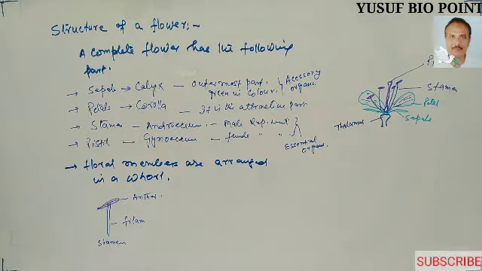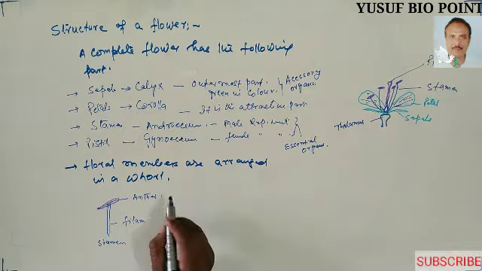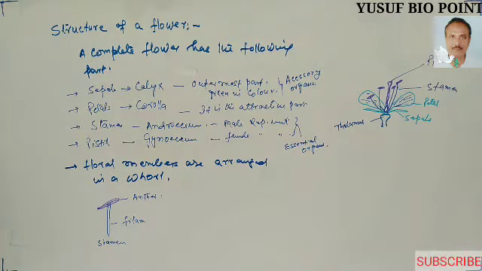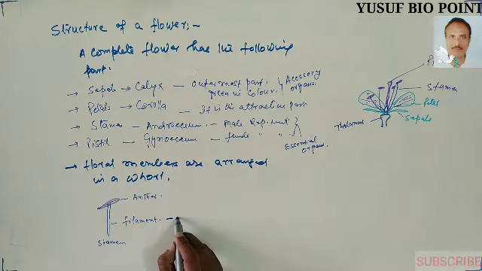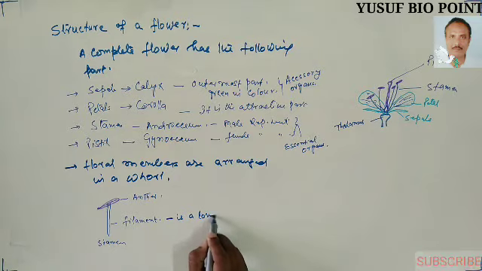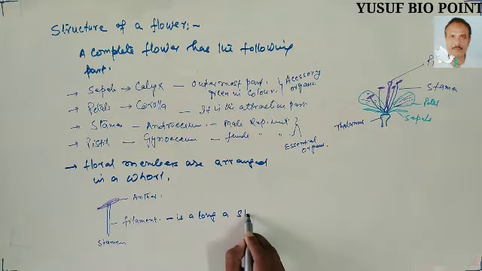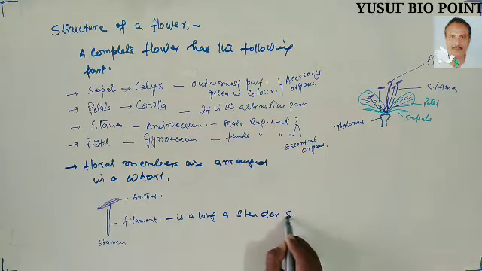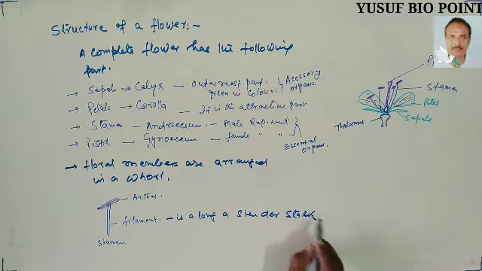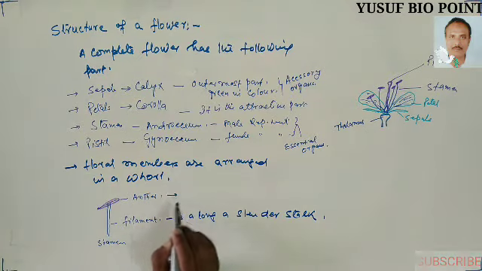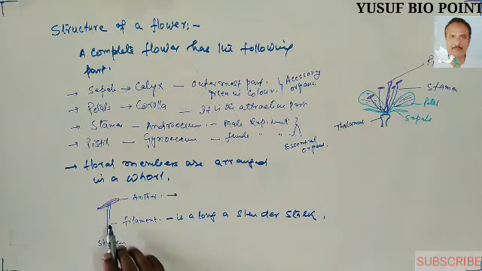So we can say that filament is a long and cylindrical stalk, and anther is found on the tip of the filament.